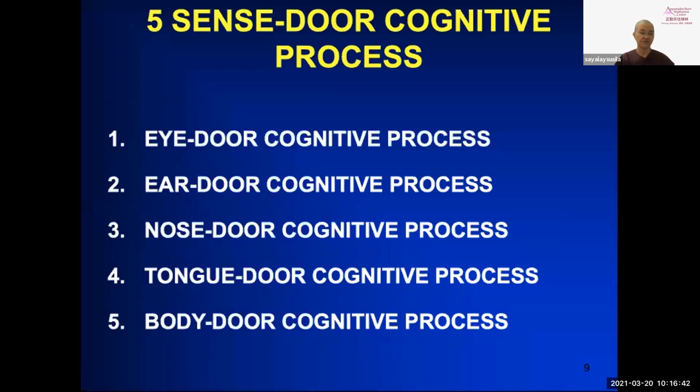Eye door cognitive process takes visible form or color. Ear door cognitive process takes sound. Nose door cognitive process takes smell. And tongue door cognitive process takes taste. And the body door cognitive process takes tangible. Okay?